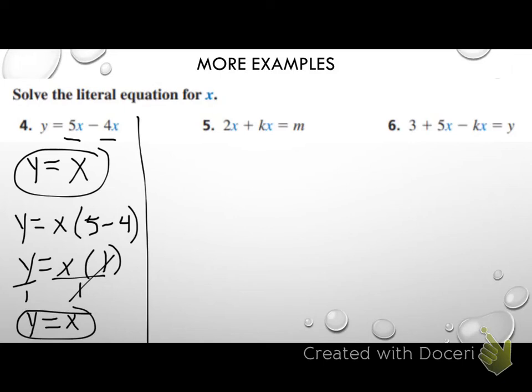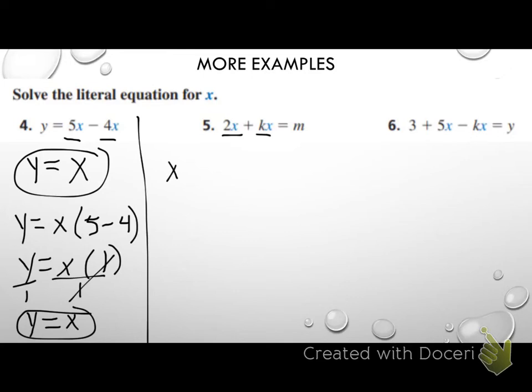No. There's no way I'd be able to get x by itself because I have an x in two different spots that I can't combine. So what is my GCF? What do those two terms have in common? Here and here. X, right? So I can factor out an x.